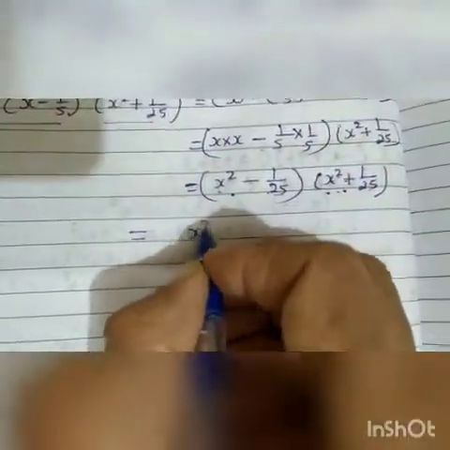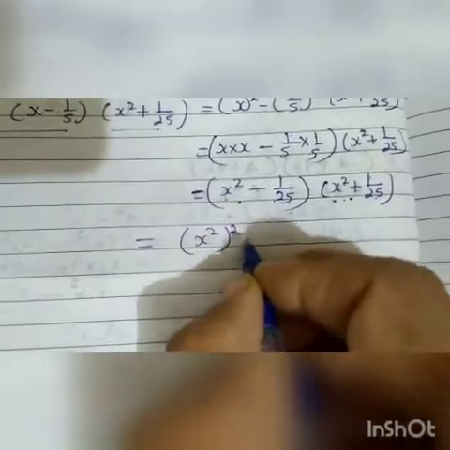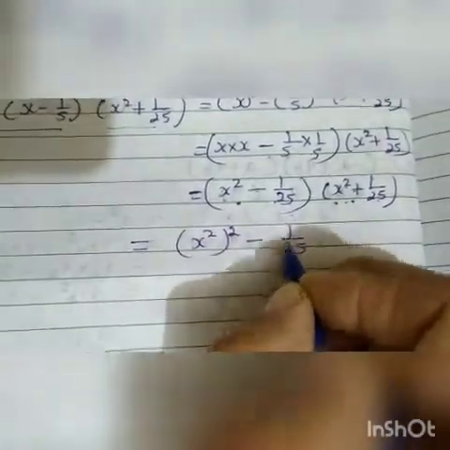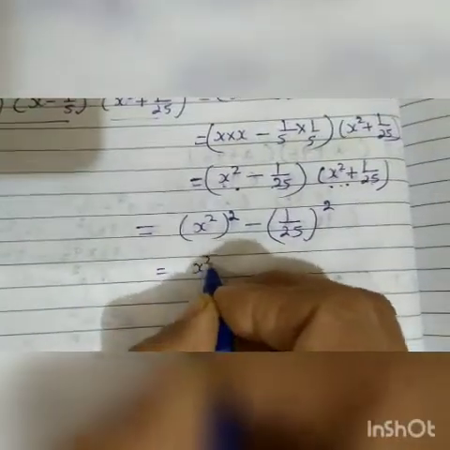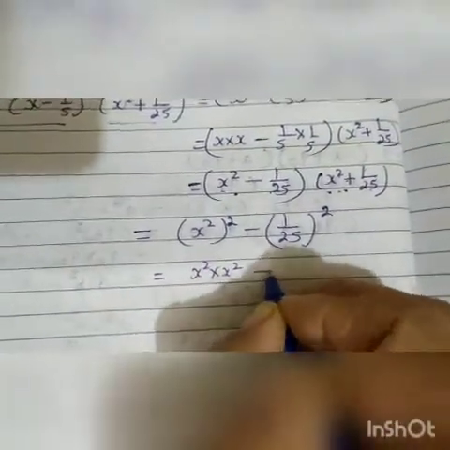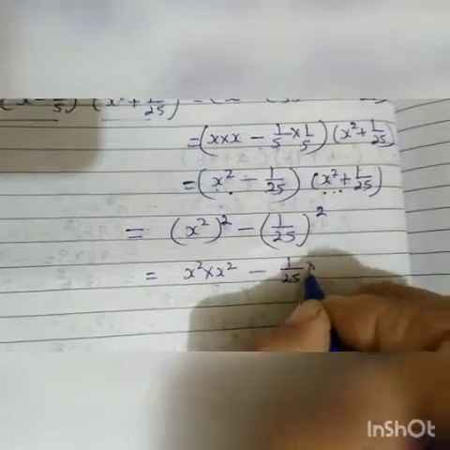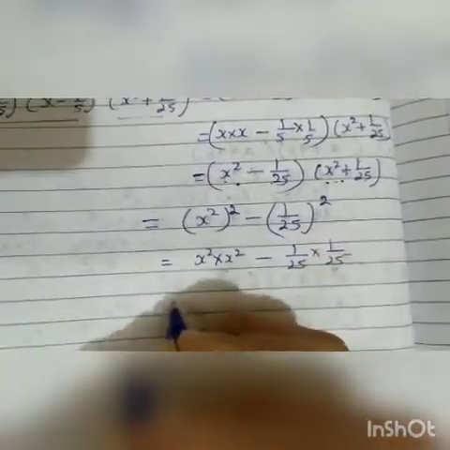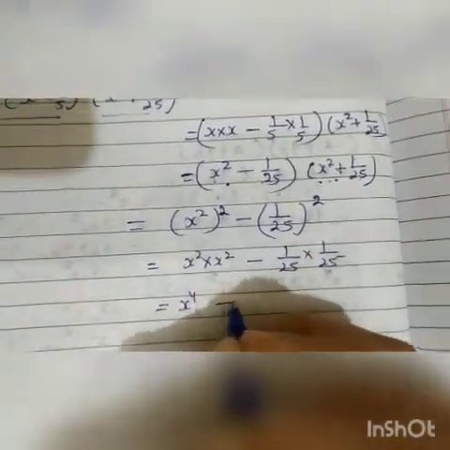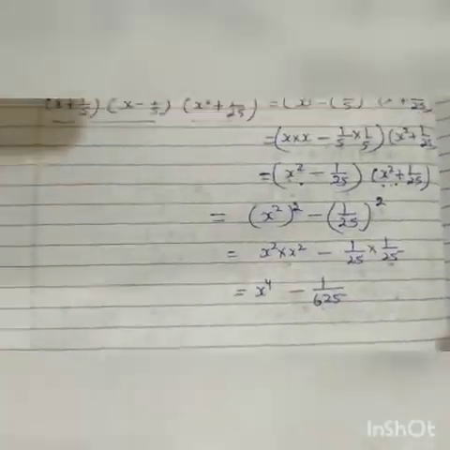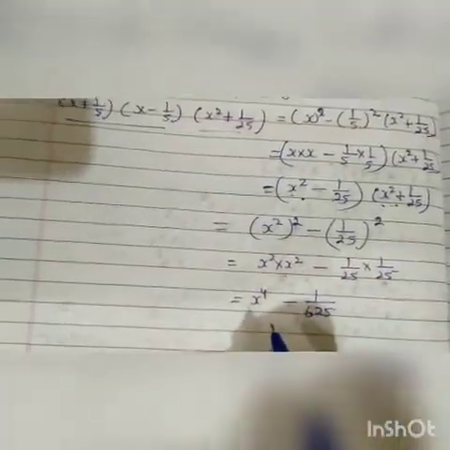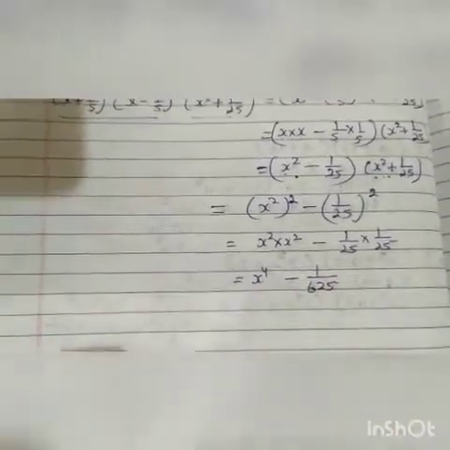Now our first term is x square, whole square, minus (1 upon 25) whole square. Means x square into x square, minus 1 upon 25 into 1 upon 25. It will be x power 4 minus 1 upon 625. In this question, we are using the same identity 2 times.